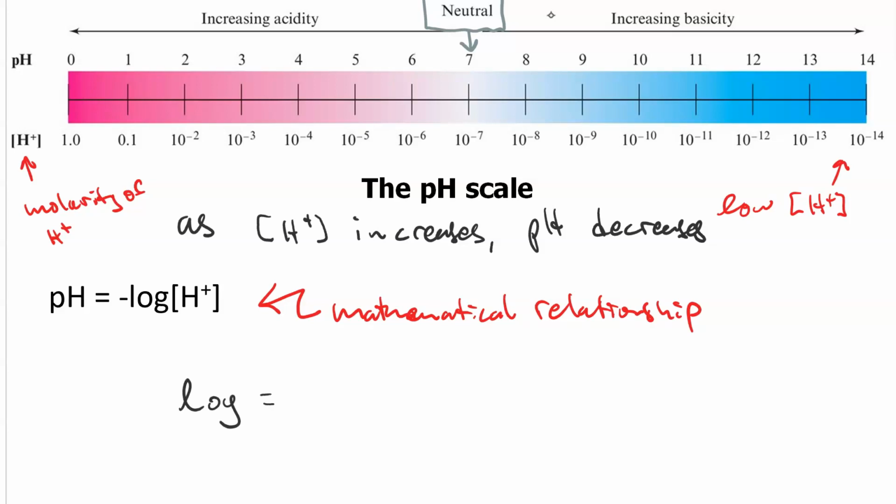Log is short for base 10 logarithm, which is a mathematical function. The logarithm of x is the power that 10 must be raised to obtain x.